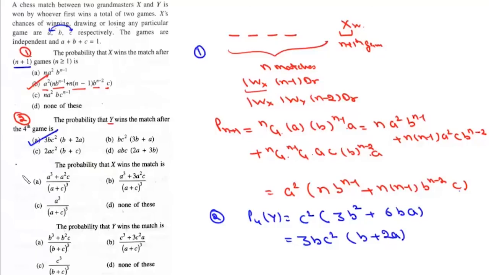Now we look at option 3, the probability that X wins the match.